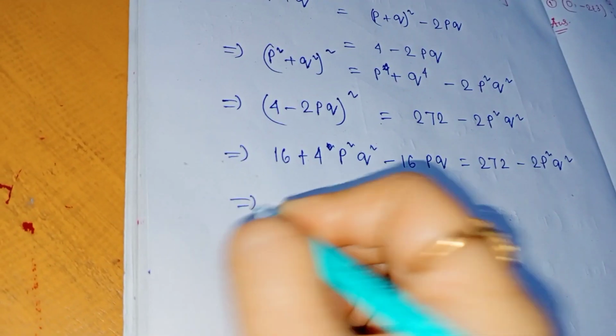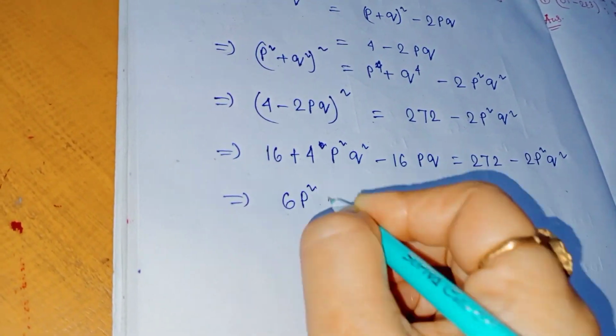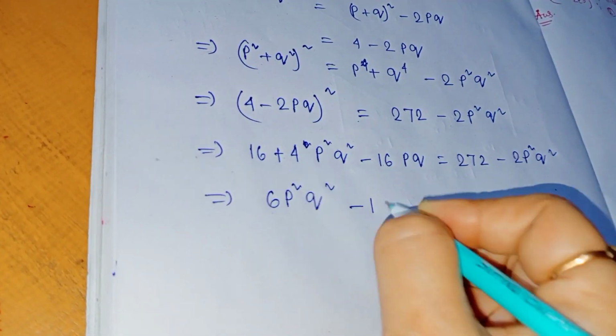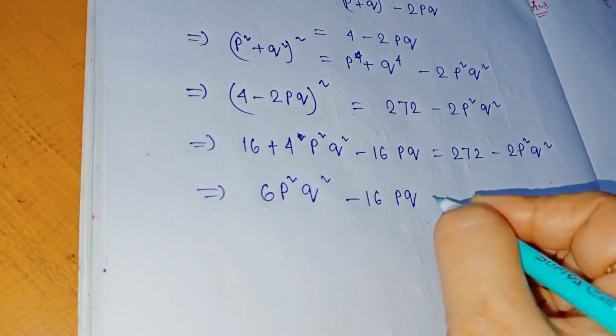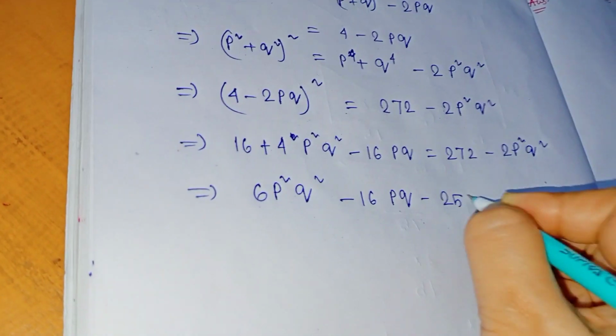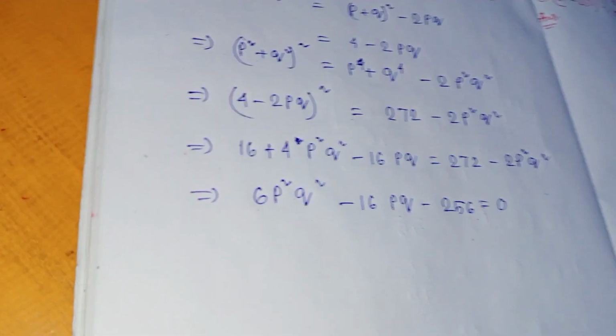That implies 6 p square q square minus 16pq minus 256 is equal to 0.